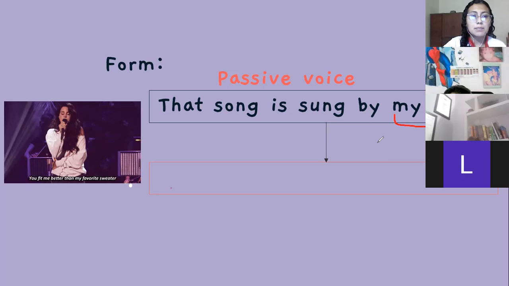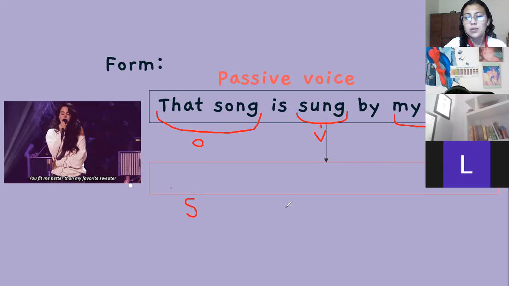Now, the main verb or the action verb. Sung. Very good. This is the verb. What about the object? That song. Very good. That song. That's the object. Excellent. Now, in our active voice, we're going to start with the subject.